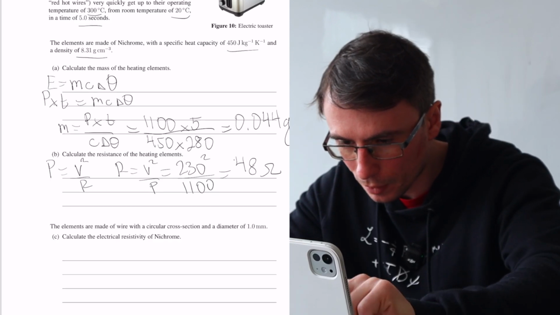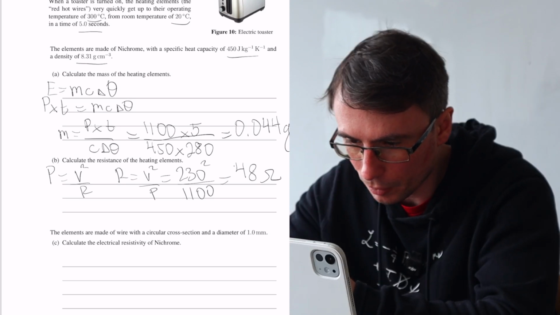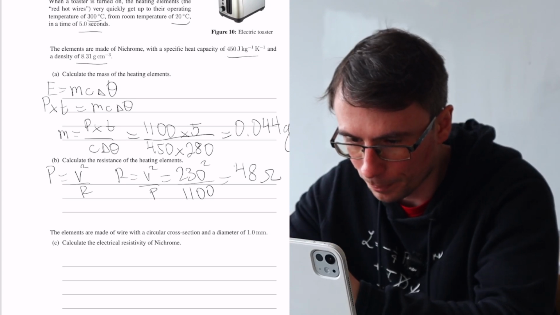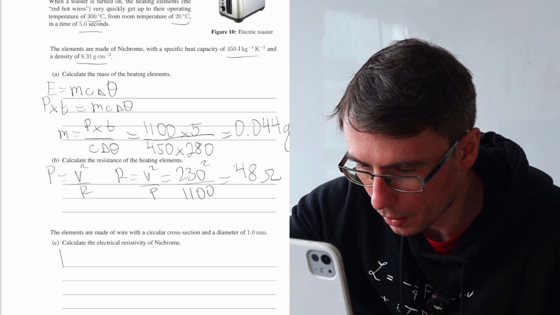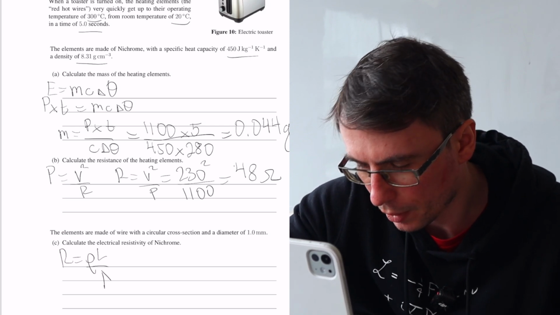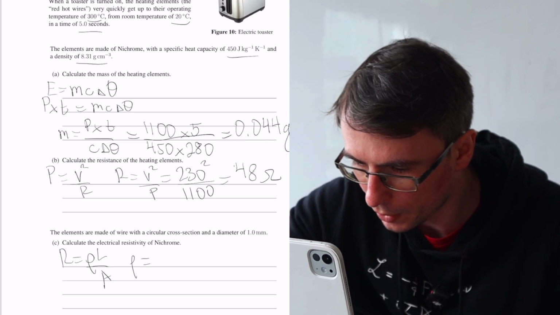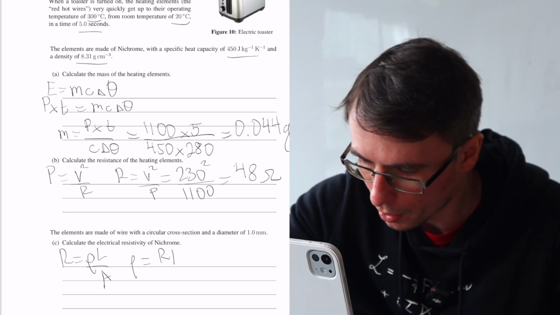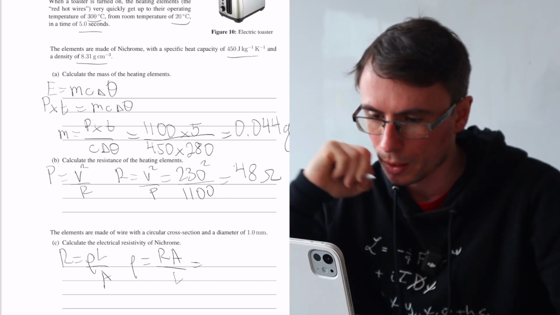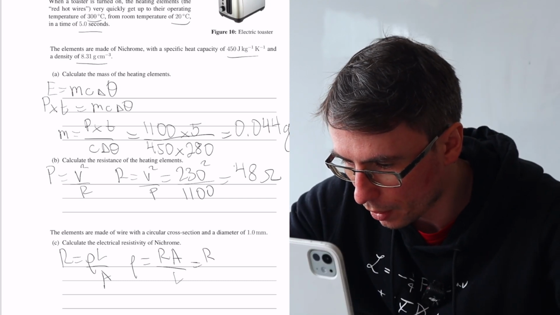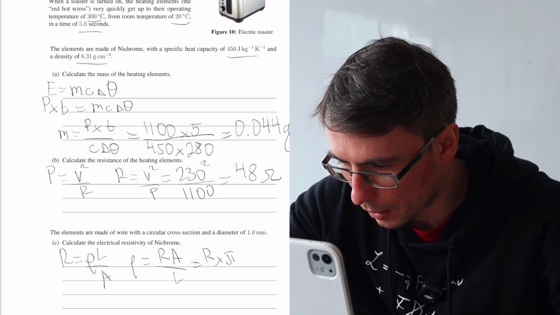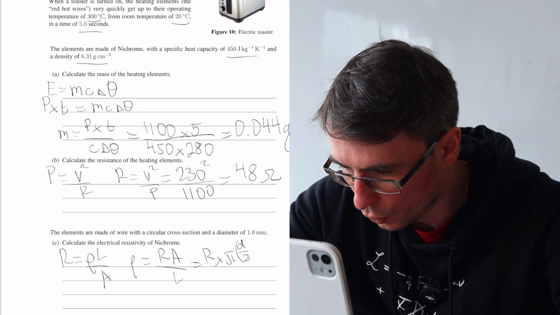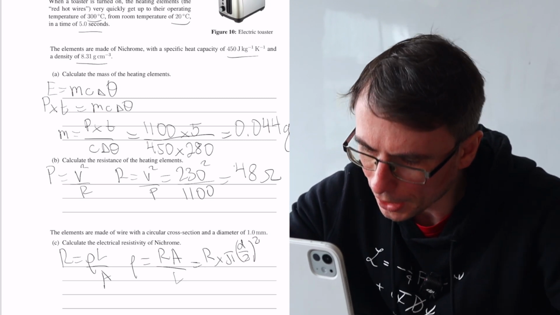Okay, the elements are made of wire with a circular cross-section diameter of 1 millimeter. Calculate the electrical resistivity of nichrome. Okay, well, R is equal to rho L divided by A, meaning that resistivity is going to be equal to RA divided by L. That's equal to R times pi d over 2 squared divided by the length.